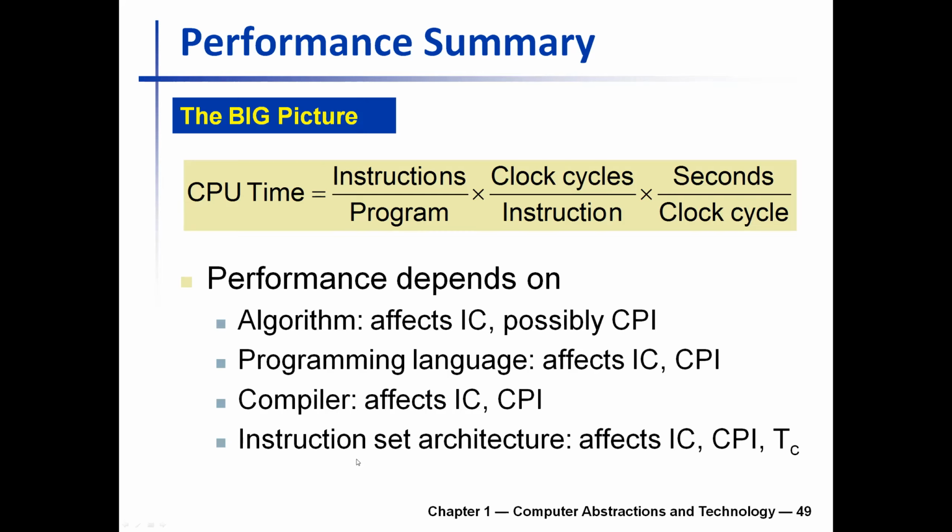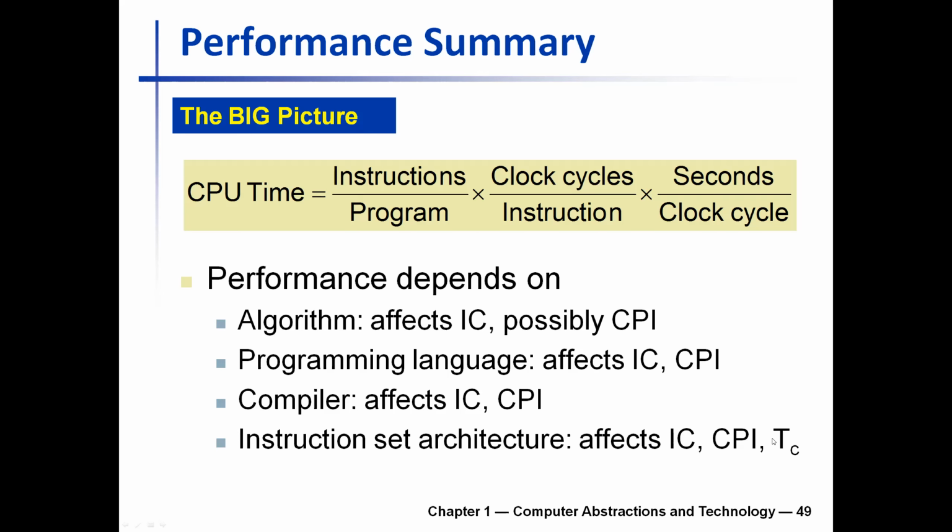Instruction set architecture is going to affect the instruction count, obviously, because the instruction set architecture decides what the available instructions are. So how many instructions you need to do a certain operation is going to be decided by that. CPI is also going to be affected by the ISA, because the instruction count is affected, and the nature of the instructions also directly affects the CPI.